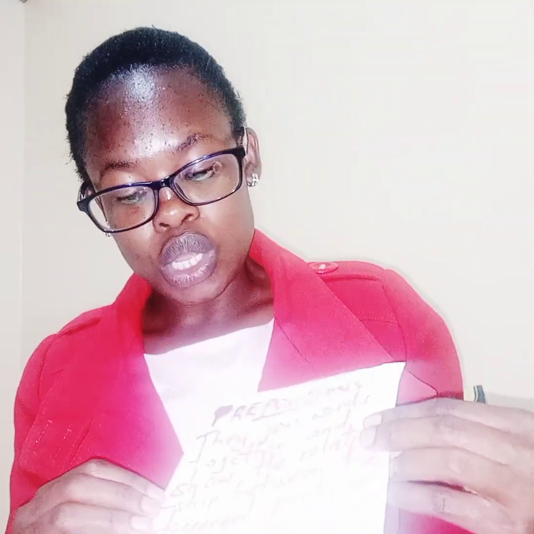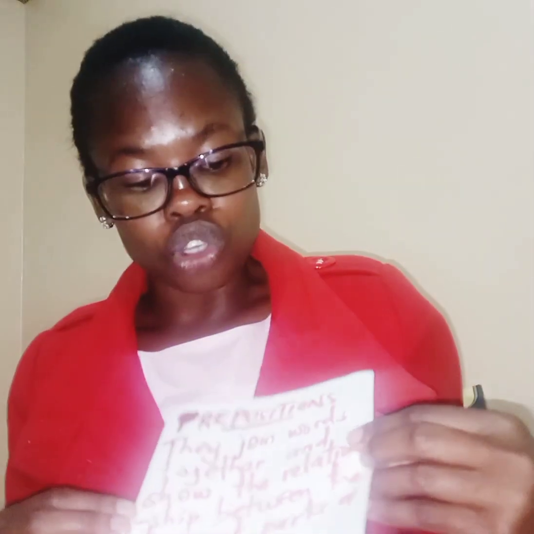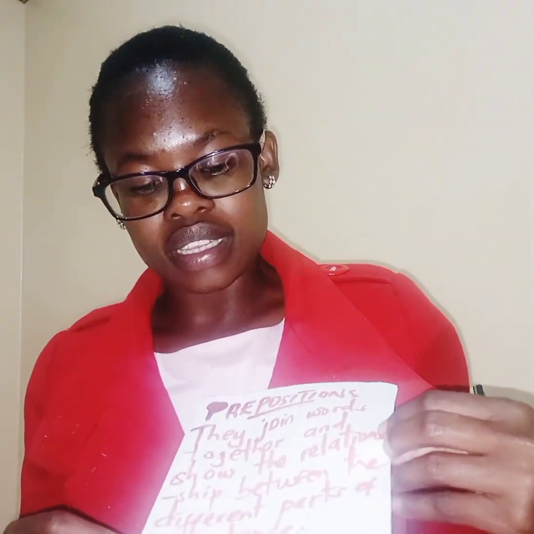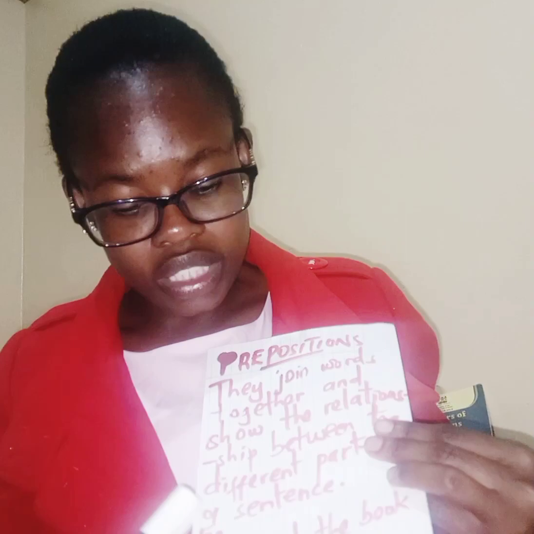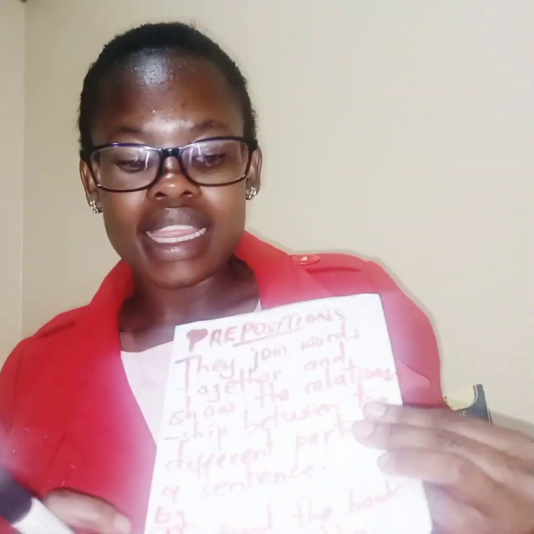To define it, you say a preposition is a word that is used to join sentences together and also show the relationship between the different parts of a sentence. They are words which join words together and show the relationship between the different parts of a sentence. I have an example here. He found the book on the table.